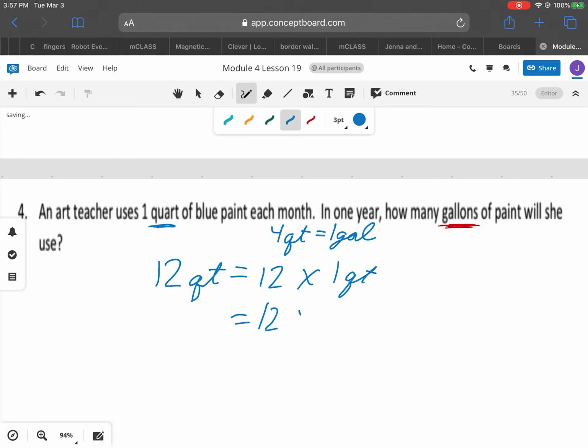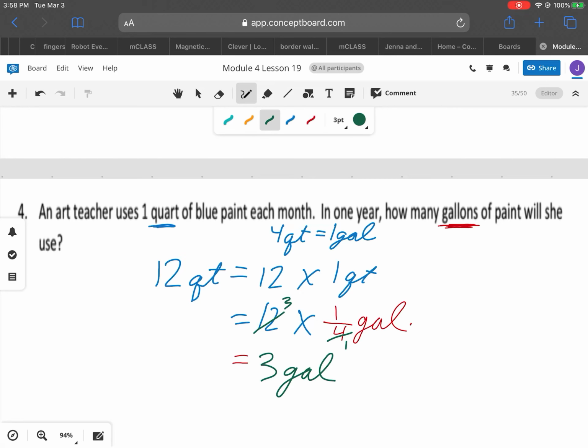We're going to change that to 1/4 of a gallon. And now I can cross cancel. I know that this goes 3 times, 4 goes in there 3 times, and this goes in 1 time. So my answer is actually going to be 3 gallons.